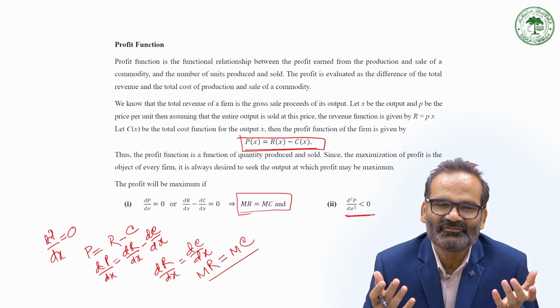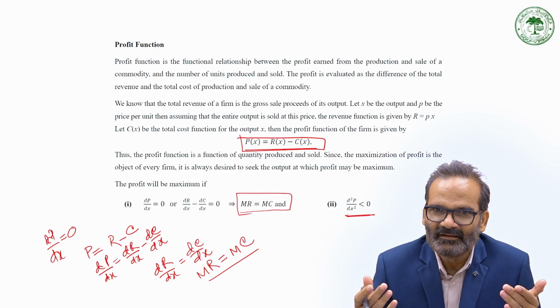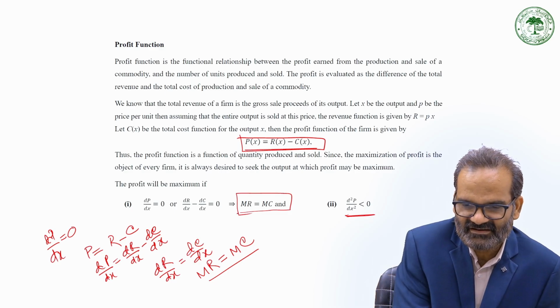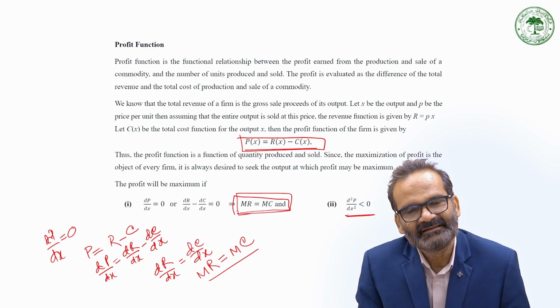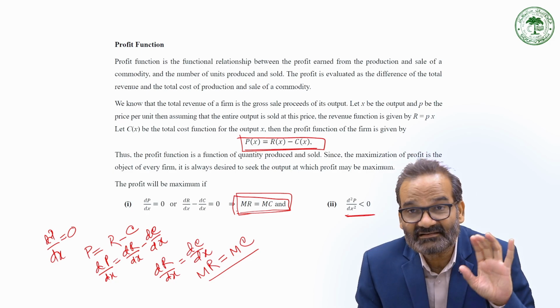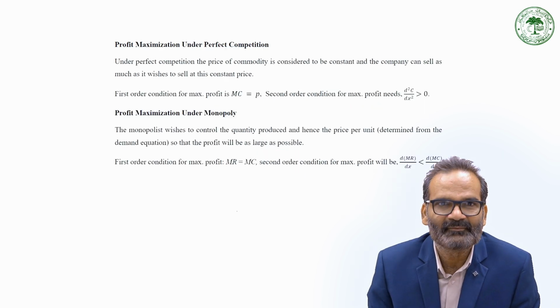Everything is being done for the profit. So a number of formulas are developed to make the profit maximum. See, this is also one of the conditions. Whenever the marginal revenue is equal to marginal cost, this is the first order condition for profit maximization. We will study some more conditions further also.